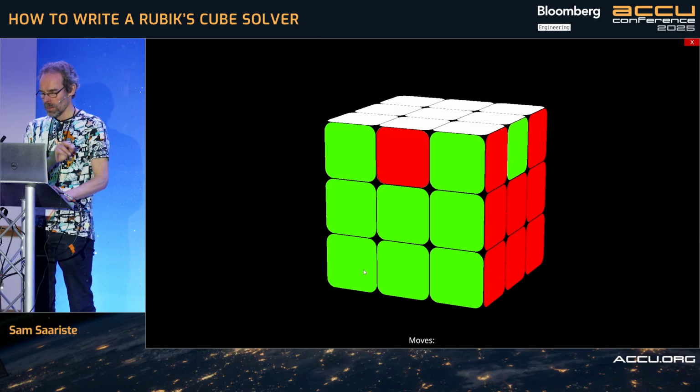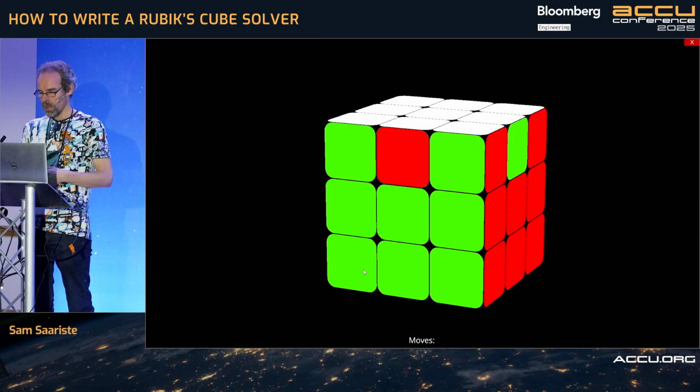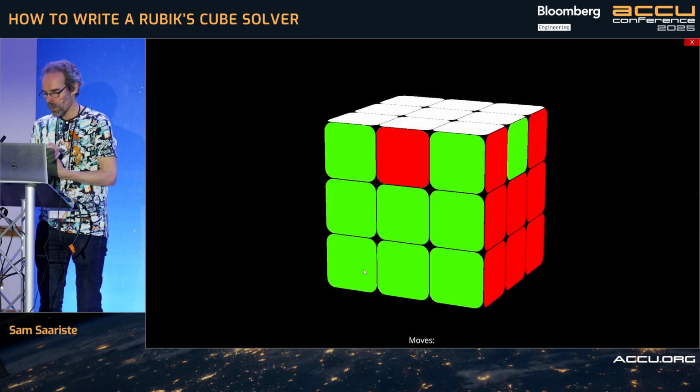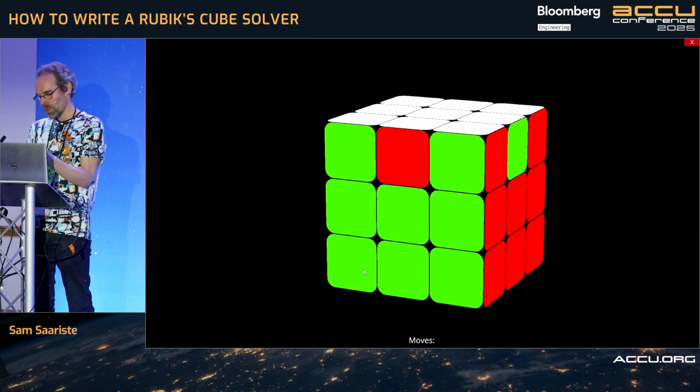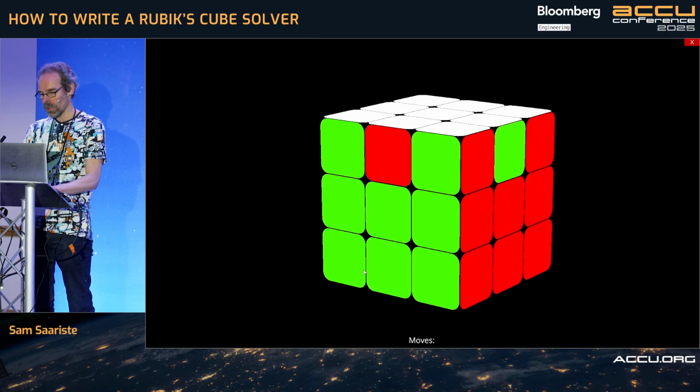And then there's this. You can have a pair of edges swapped, but no other pair swapped. This is also not solvable if the backside is solved.